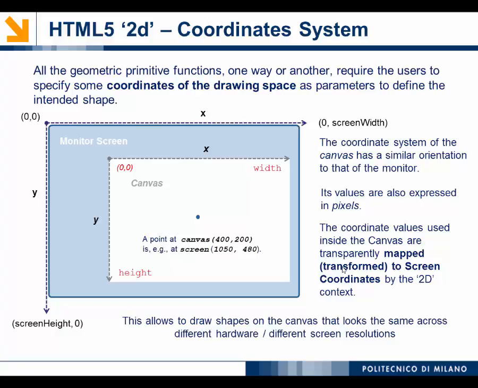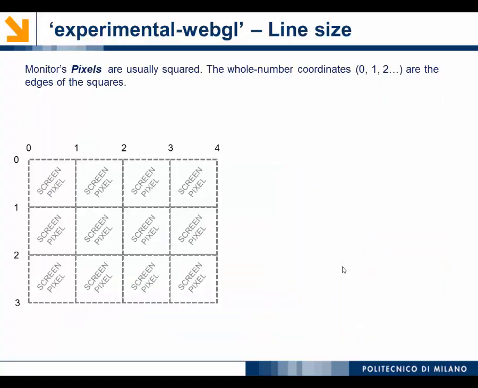The resolution, of course, allows that independently from the specific shape and size of the hardware you are using, more or less things look the same across different resolutions. One last thing which can be of some interest.